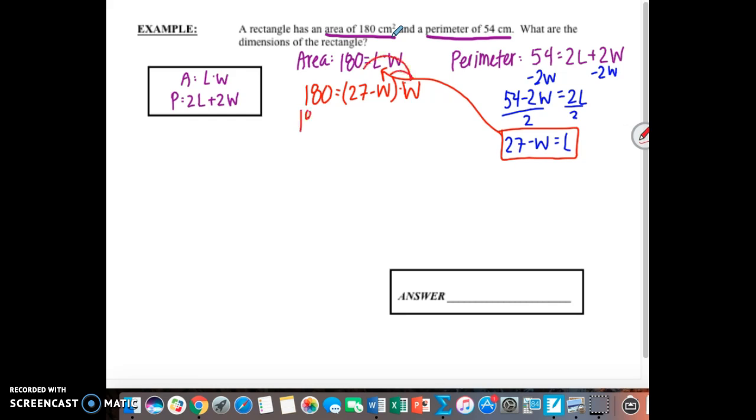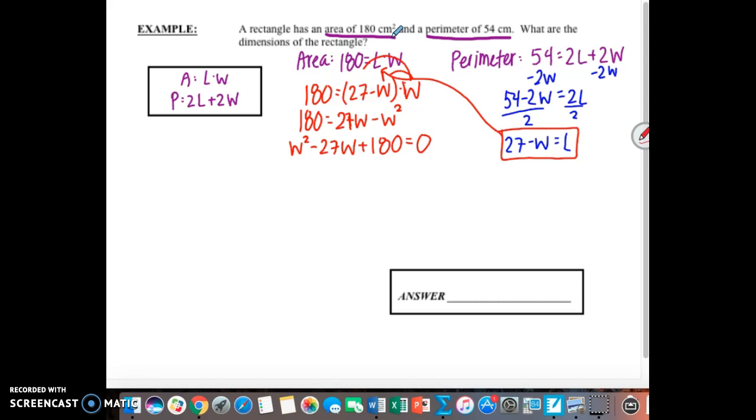So we have 180 equals 27W minus W squared. And since we have 3 terms, we're going to end up needing to factor. So to make my W squared positive, I'm going to move everything to the left-hand side of the equal sign. So we'll have W squared minus 27W plus 180 equals 0.